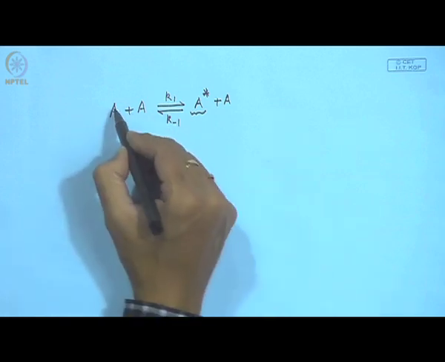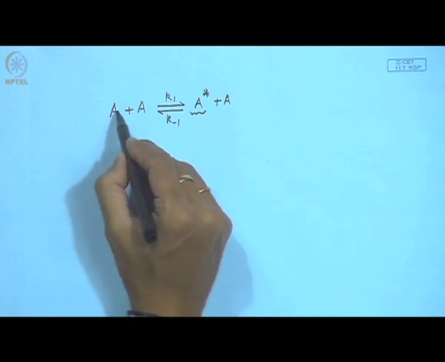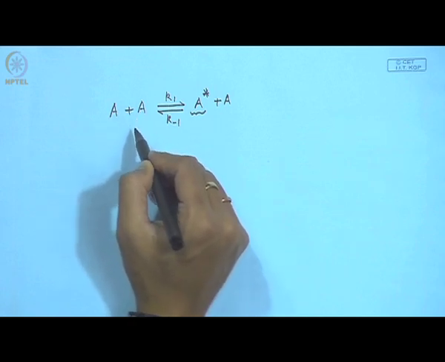Basically, collision means, as a result of translational motion, and temperature is a measure of mean random translational kinetic energy. So, at a given temperature, in the gas phase, these molecules will have some translational energy, and they will move to and fro inside the container.